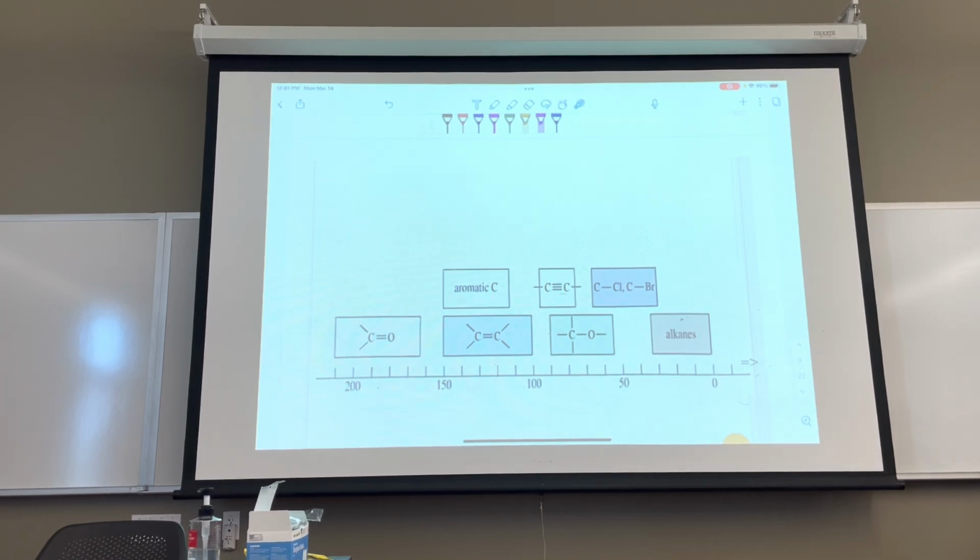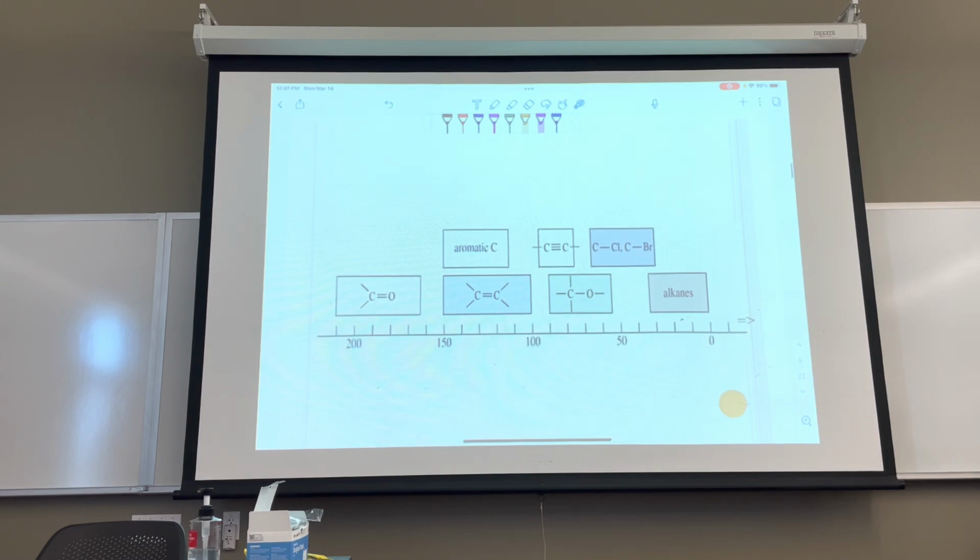But what you'll note is that if you have just regular alkane type carbons, those appear the farthest upfield. So the way I like to think about these is I think about my alkyl type carbons being in the, I would say, 0 to 40 range.